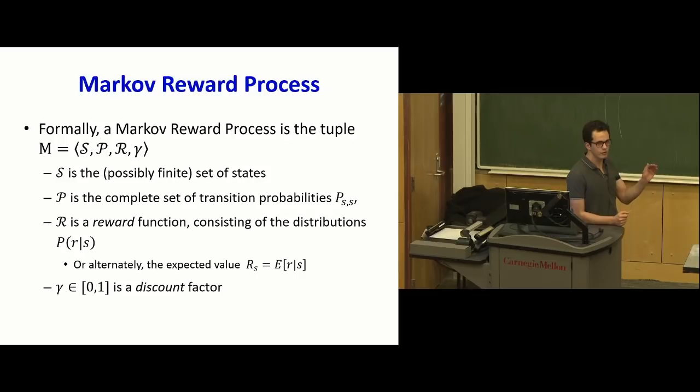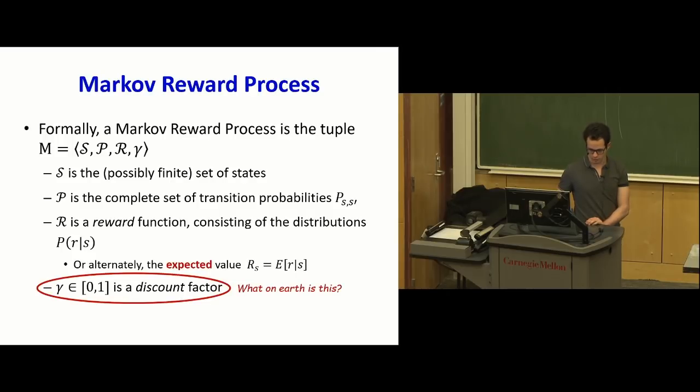If you've got only a finite set of rewards, that will also be a matrix, but you may also have the rewards being a Gaussian function of the state, everything possible. So you can consider that, or you could consider, which we will do later, the expected value of the reward on the state. And you've got a discount factor that you haven't seen before, and you're all wondering what it is.